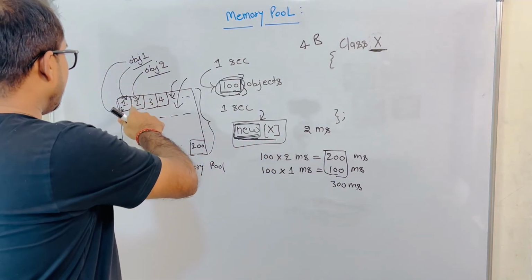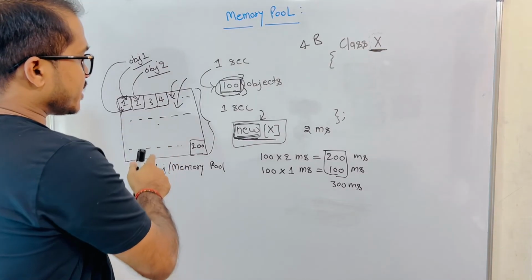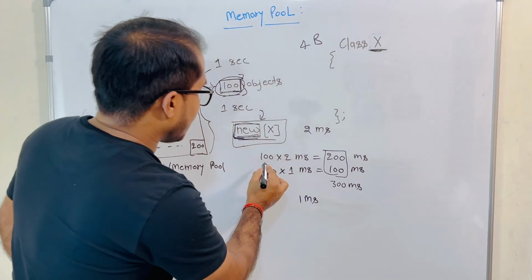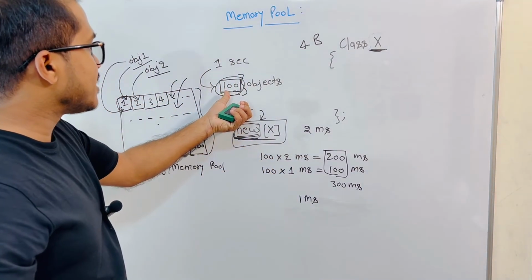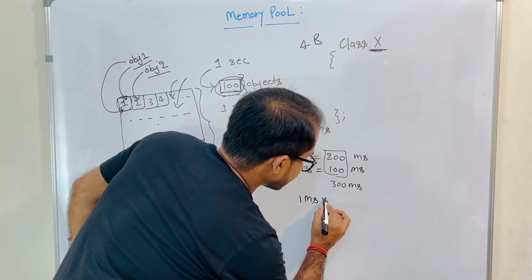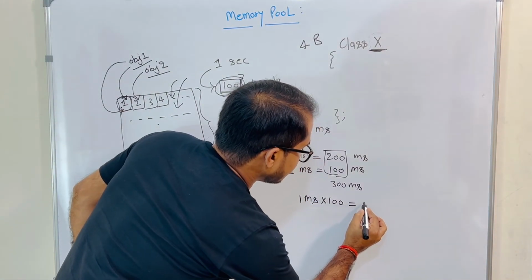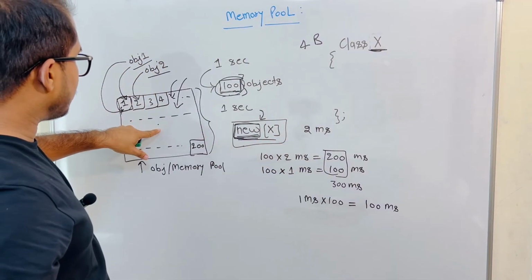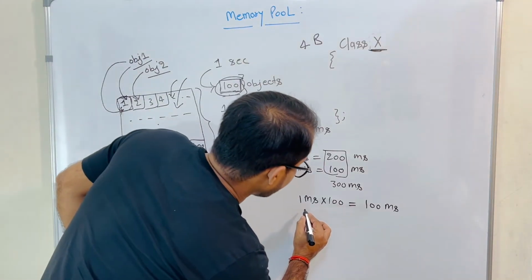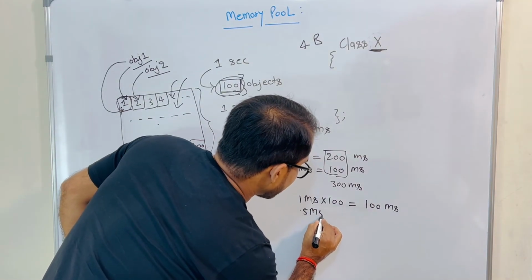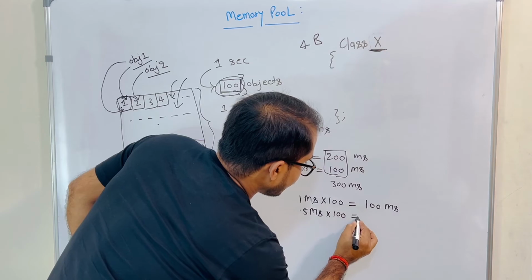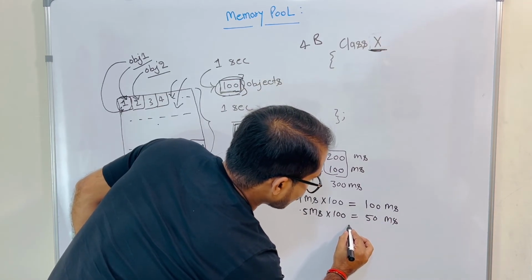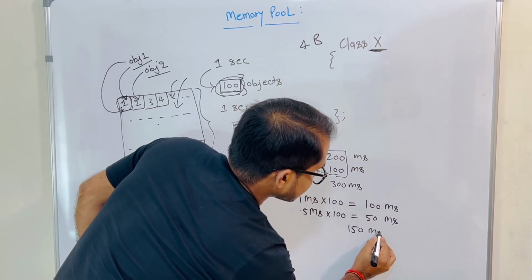Let's say fetching an object from the pool takes 1 millisecond, and with 100 objects the time will be 100 milliseconds. And putting back an object takes 0.5 milliseconds, so that time will be 50 milliseconds. In total this comes to 150 milliseconds.